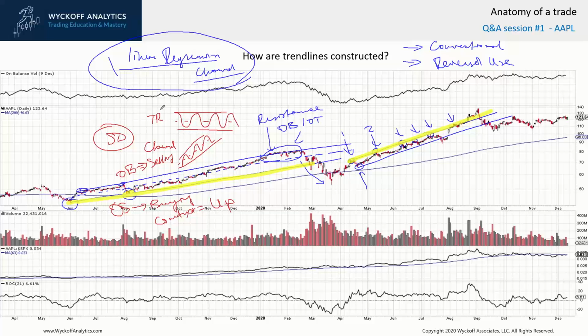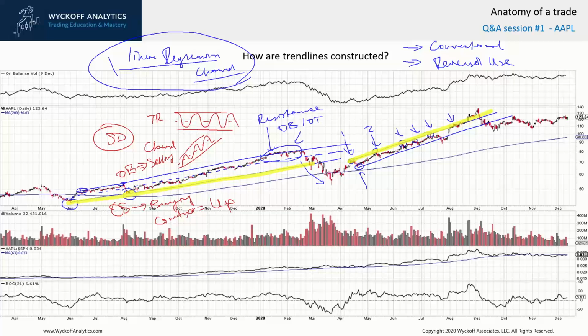There was a question just a couple of days ago from a student: do I use linear regression channels? I do, but I don't draw them in the software. I draw them by hand. My preference is always to feel the chart, to feel the price. But you could use the linear regression channel tool, and those are highly, highly recommended.